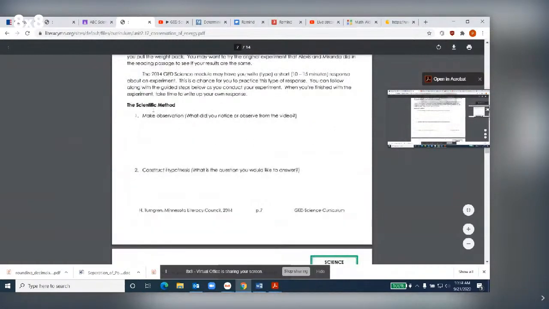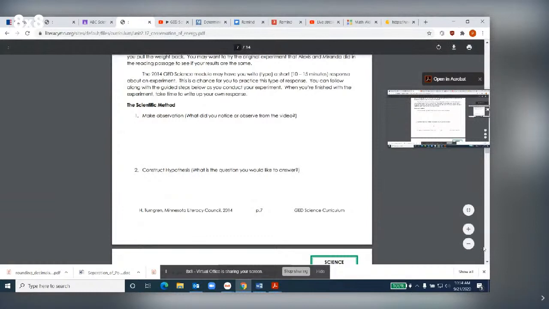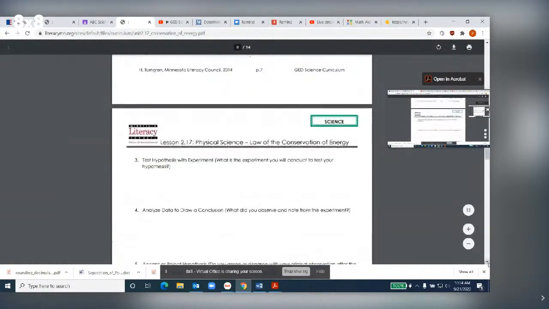So you make an observation. Then you construct a hypothesis. Then the third thing is you test your hypothesis. Then you analyze your data. I put a gallon of gasoline in my car, 2 gallons of gasoline, and it started or didn't start.